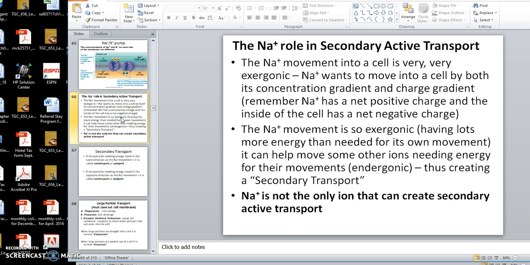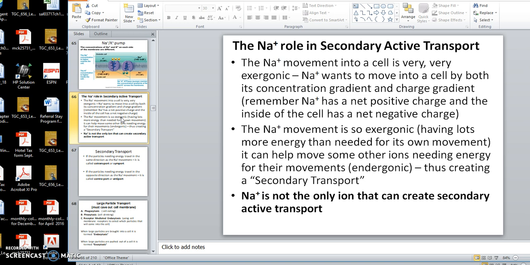Now, this is what I'm saying. If a particle wanted to come into the cell, let's say the particle had low concentration on the outside and high on the inside, and they want to come in, they'd have to come in by active transport.